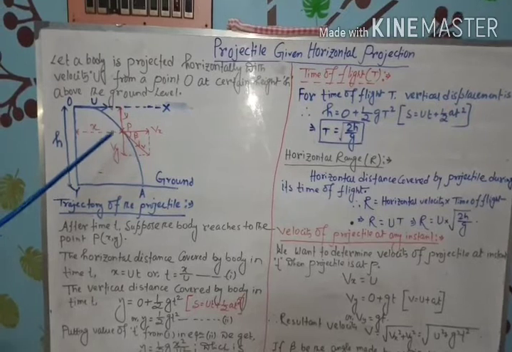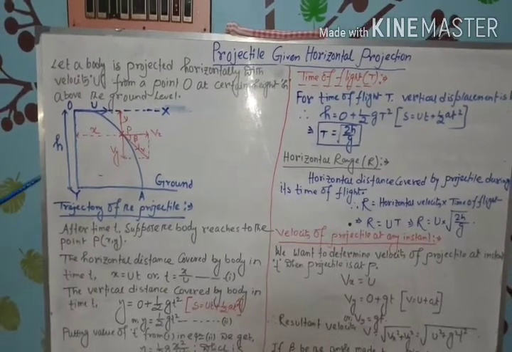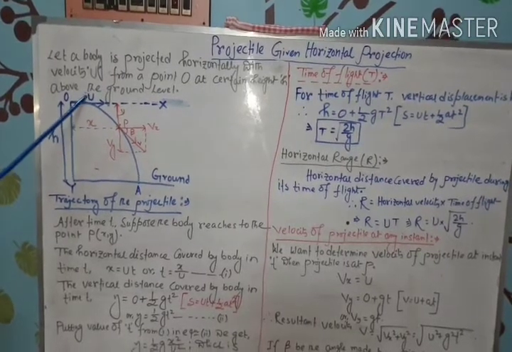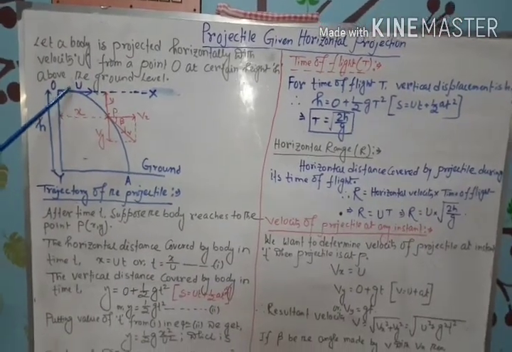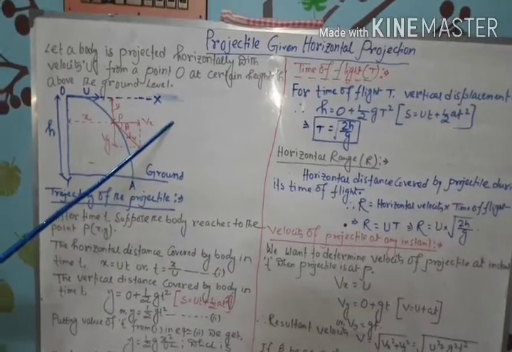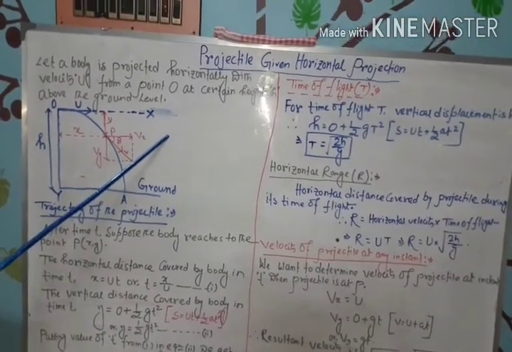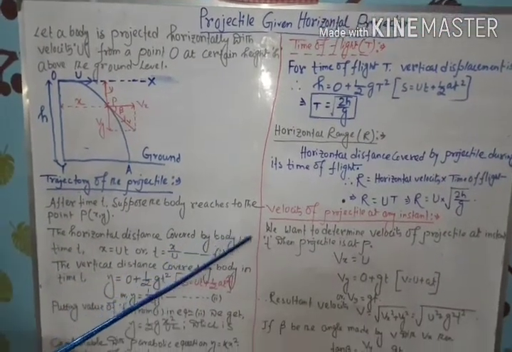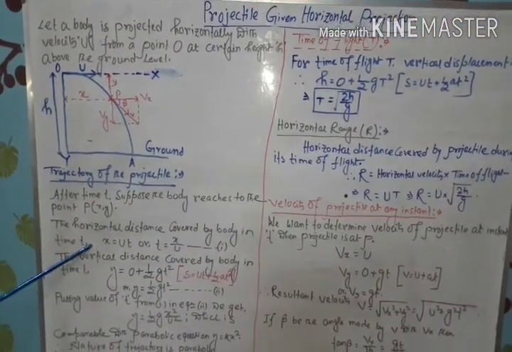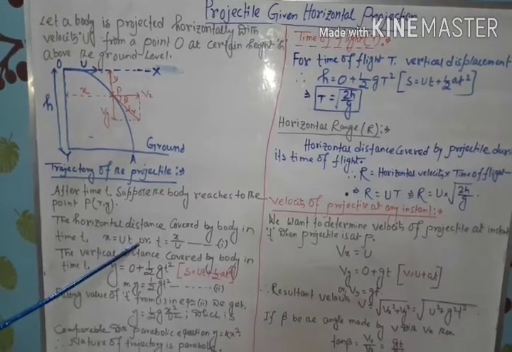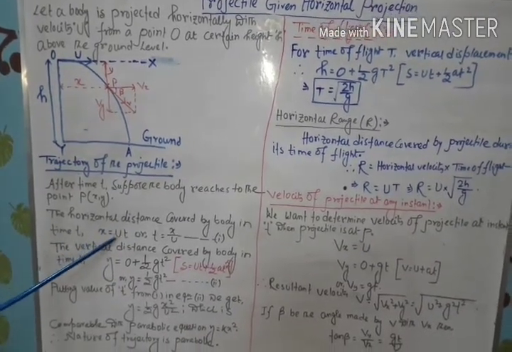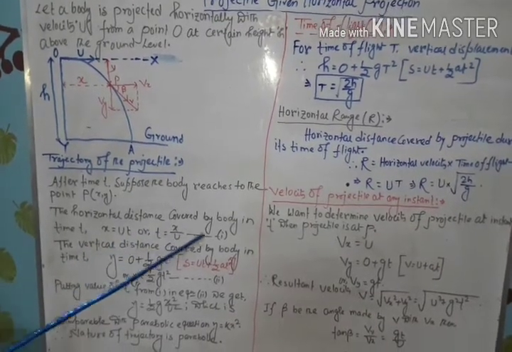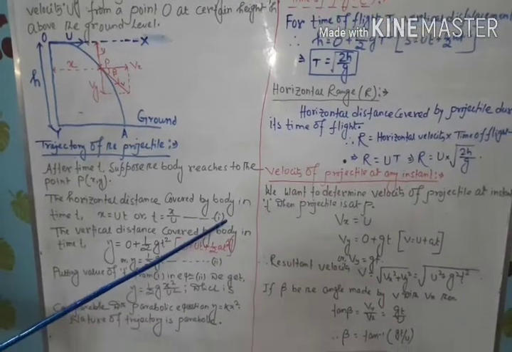Always remember, the velocity along the horizontal direction is u, because along the horizontal direction there is no force acting on the object. So the horizontal distance covered in time t is distance equals speed into time: x equals u into t. Therefore t equals x by u, and this is our equation number 1.